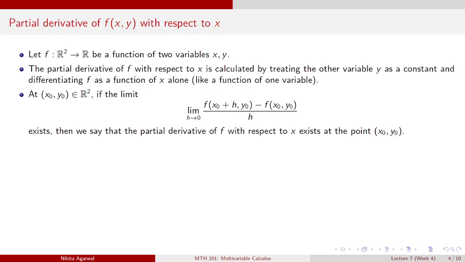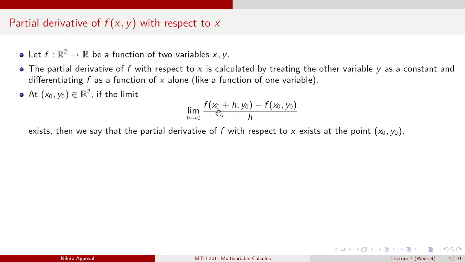So if I take a point x naught, y naught in R2 and consider this limit, it is very similar to what we saw earlier. The difference is now f acts on two variables. You keep the second variable fixed, which is y naught, the point that you start with, and you vary the first coordinate.